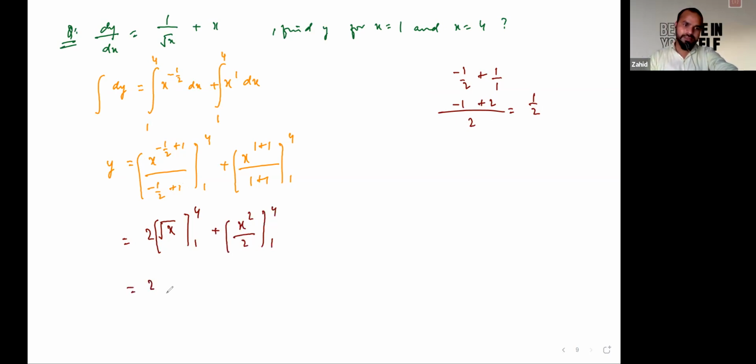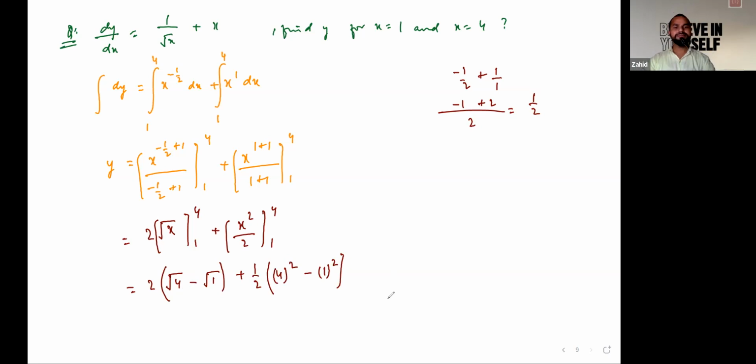Just put the limit. Under root of x, where x is 4, and under root of x, where x is 1, and there is a subtraction sign in between. Plus half being the coefficient, x raised to the power 2, where the value of x is 4, so it becomes 4 raised to the power 2 minus 1 raised to the power 2.